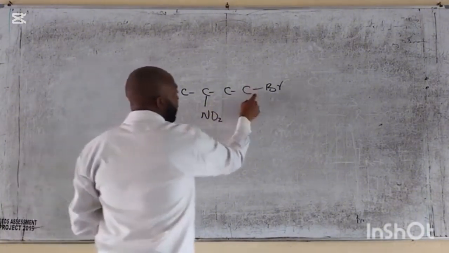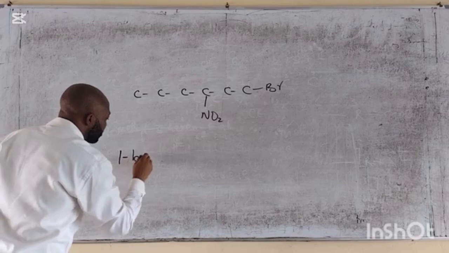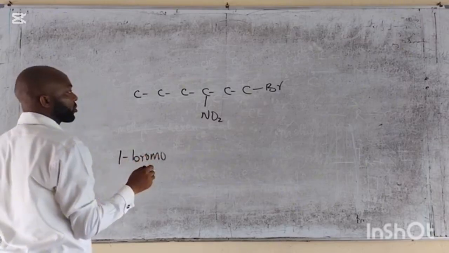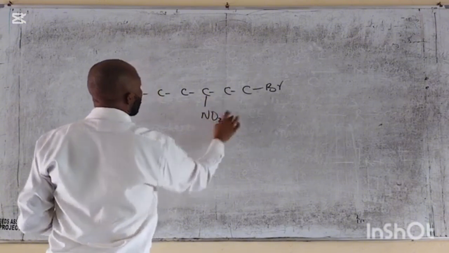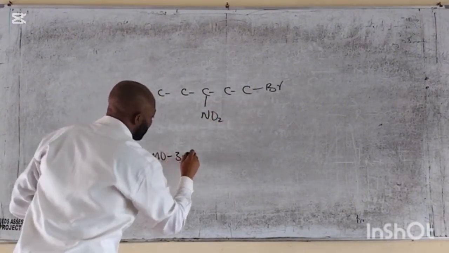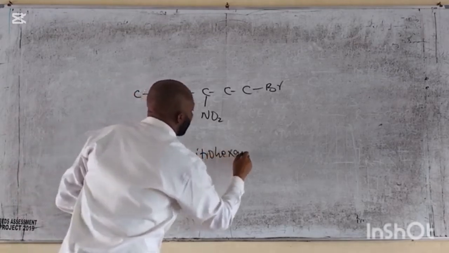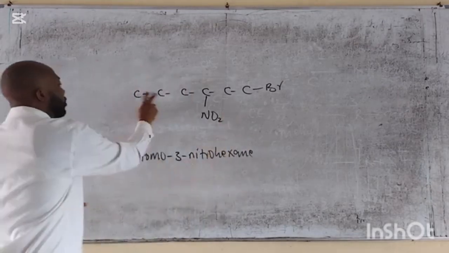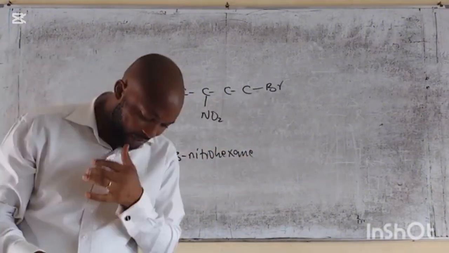So we name this first, which is 1-bromo, 3-nitro hexane. So that is that about that guy.